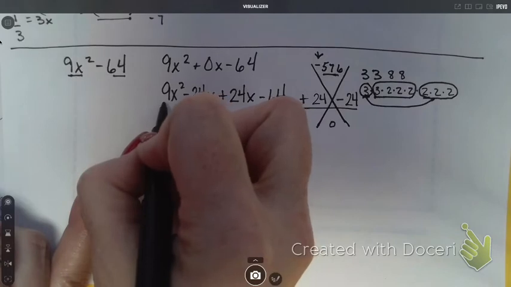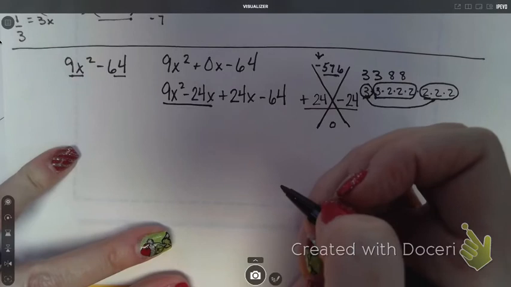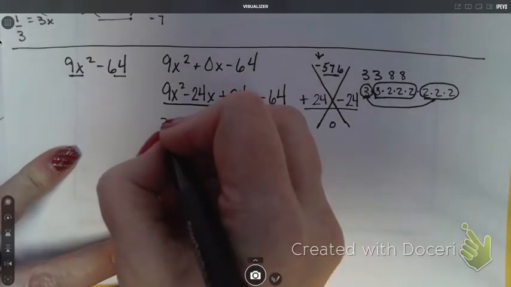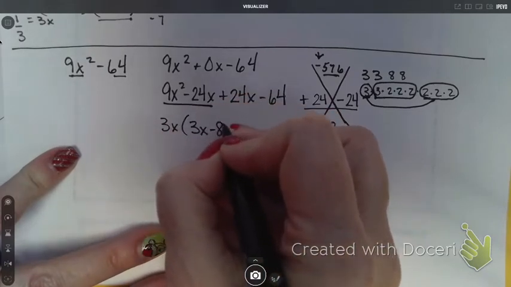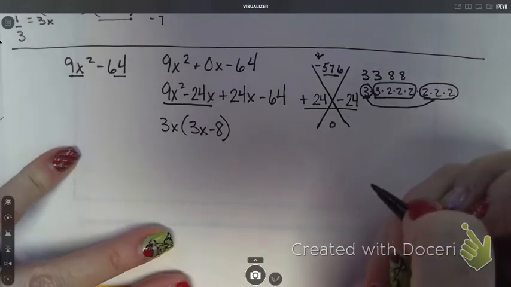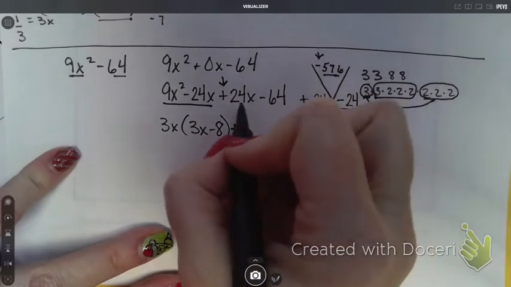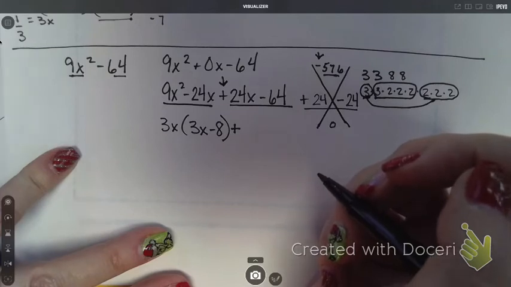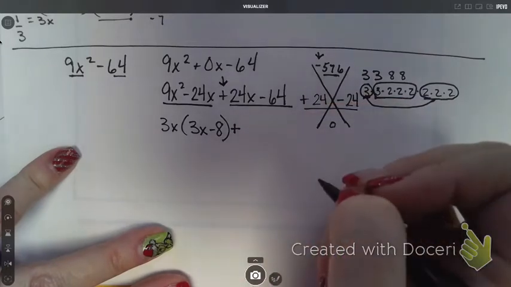So what factors out of 9x squared minus 24x? 3x. So that gives me 3x minus 8. Whatever this sign is. What factors out of 24x minus 64? Why'd you put the negative on the left side?